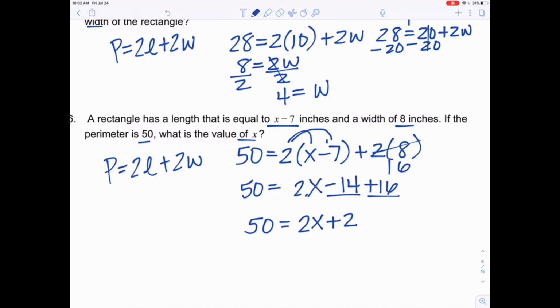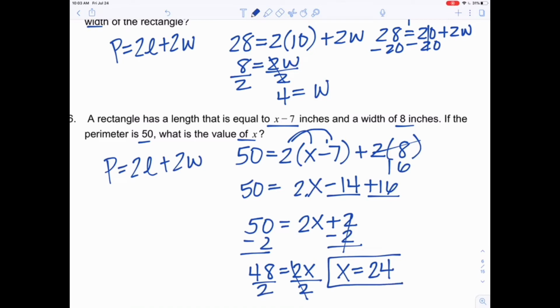Okay? Now, I'm going to minus 2, so I can get rid of that. 50 minus 2 is 48, equals 2x. I'm going to divide by 2, and I get x equals 24. And that is my answer, because the question is asking me for x.